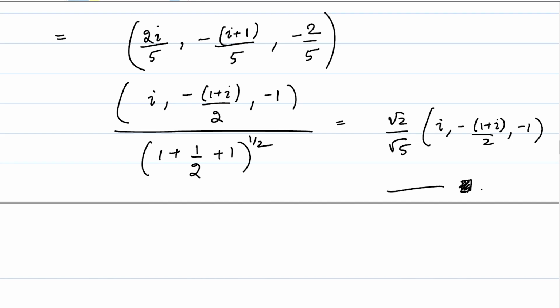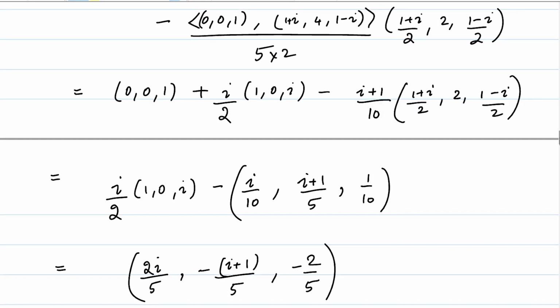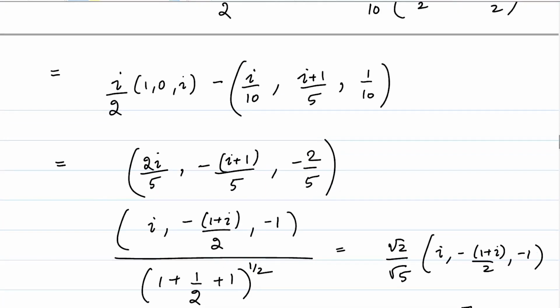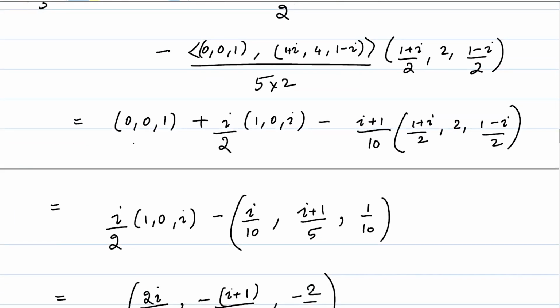So I should have just left these calculations to you, but once in a while it's good to do the calculations in front and see how it's coming out. All right, so that is the basis of the orthogonal complement of our W. All right, so I made a mistake here. So let me just do a minor correction. This is just going to be equal to i by 2, 0, and minus 1 by 2, 1 by 2. So this is going to be 1 by 2 here minus the same quantity.